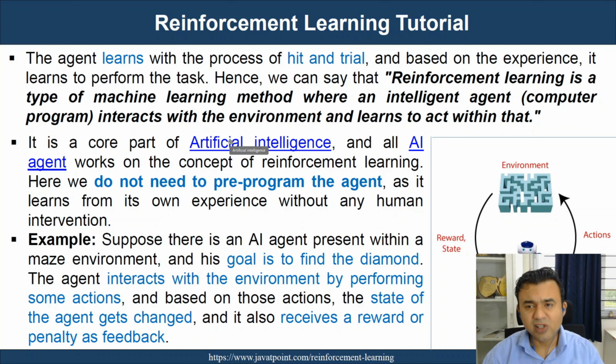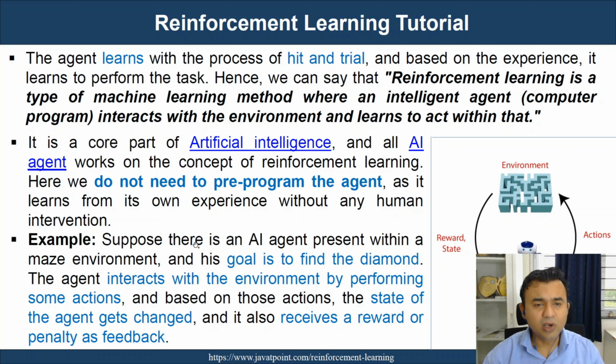Hence, we can say that reinforcement learning is a type of machine learning method where an intelligent agent will interact with the environment and learn to act within that particular situation based on its experiences.